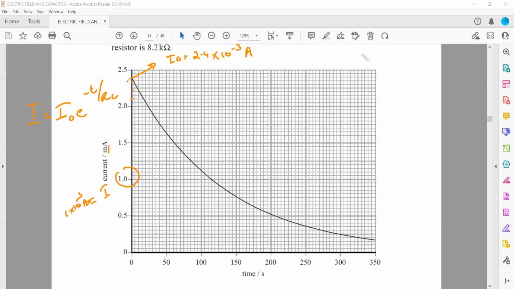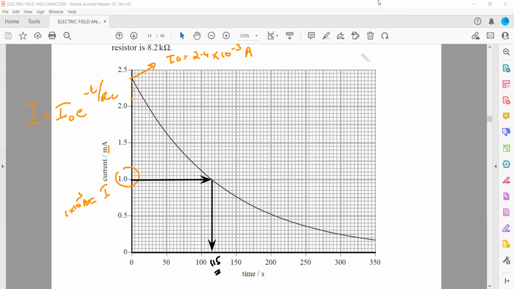It started with 0, and then when the current is 1 milliampere, this will be the time interval. Each 10 boxes equal 50, so each box is 5. So it is 5, 10, 15, so 115 is there. That is in seconds.